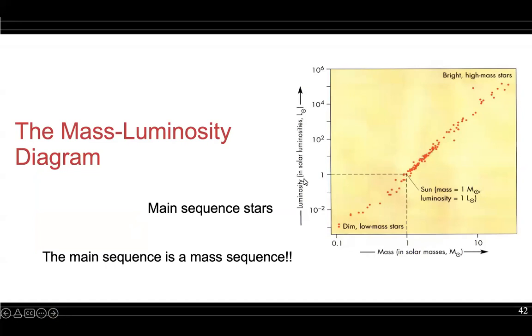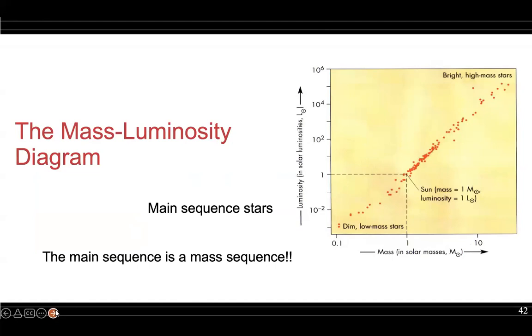So let's say now we get the masses of stars. So if I know the mass of stars and I plot them on the luminosity versus mass diagram, okay, we are looking at the mass luminosity diagram. This is luminosity and this is mass. You can see that as the mass of the star increases, obviously the luminosity of the star also increases, right? So you can see that the main sequence is actually a mass sequence, okay?